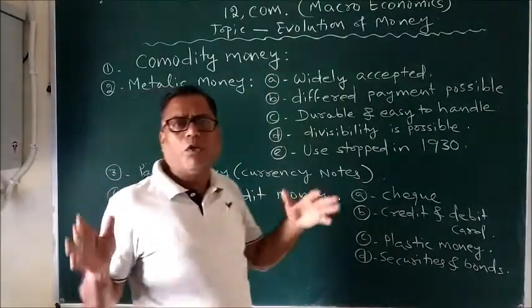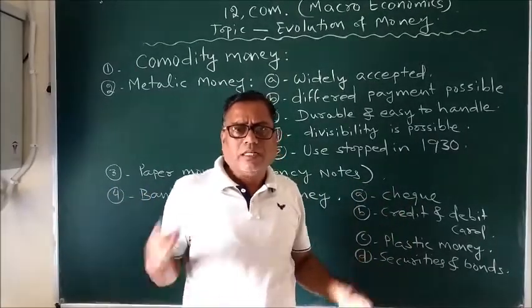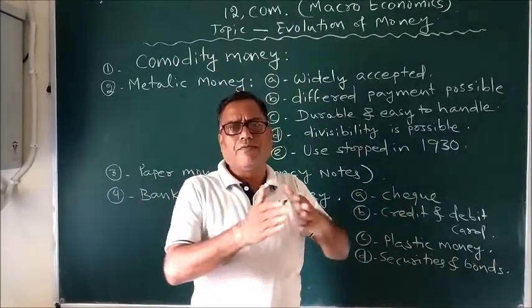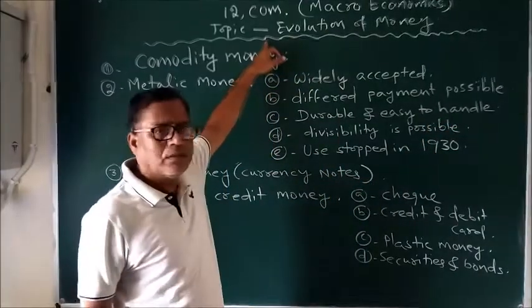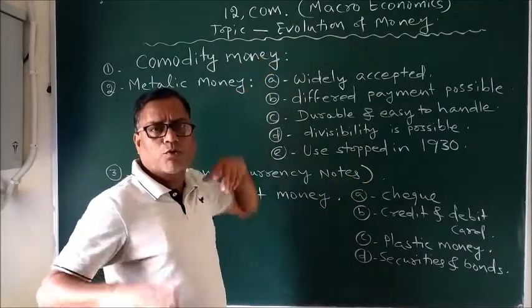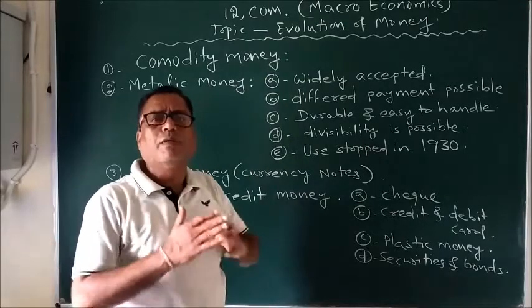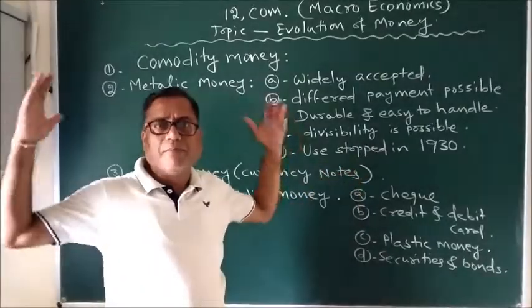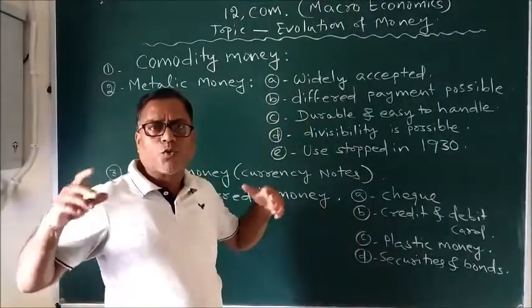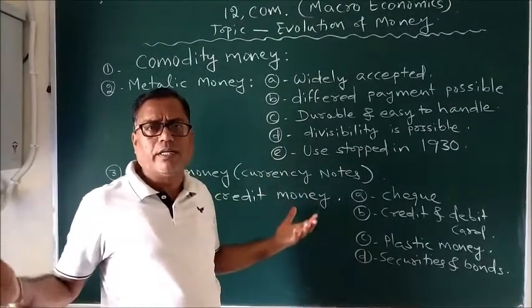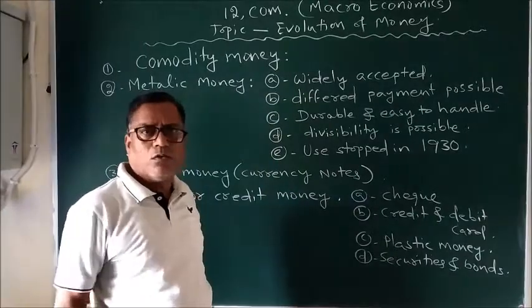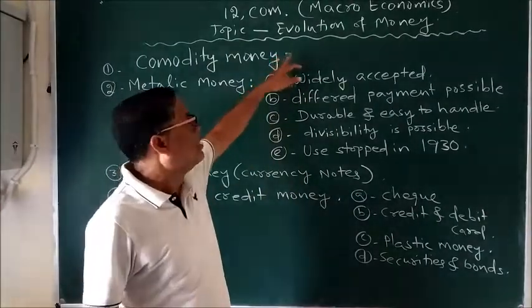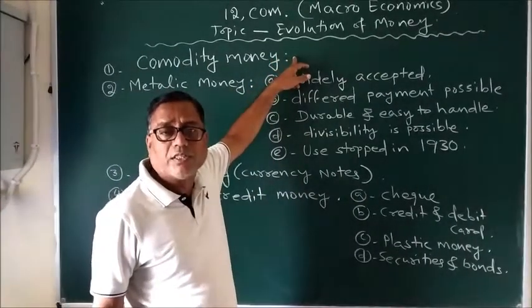So, what is evolution? Evolution is a structural change over a very long period of time. So remember, barter system, where goods were exchanged for goods, the economy became expanded and became complex, and so many goods are produced nowadays and so many consumption activities are there that we cannot manage the system by exchanging goods for goods.